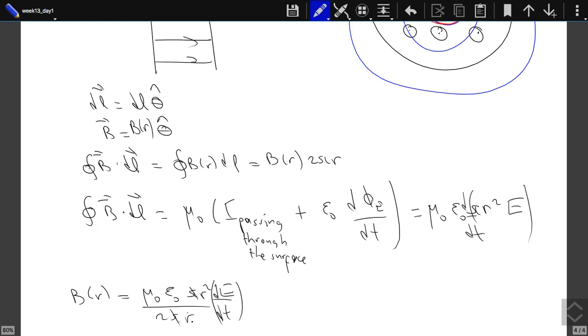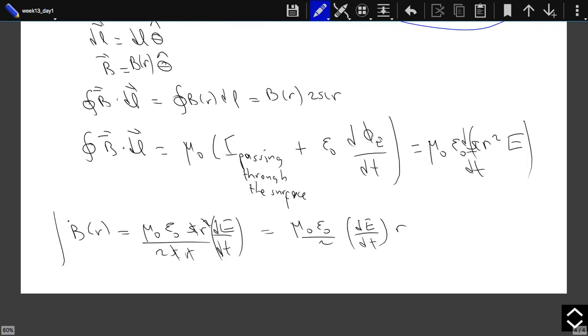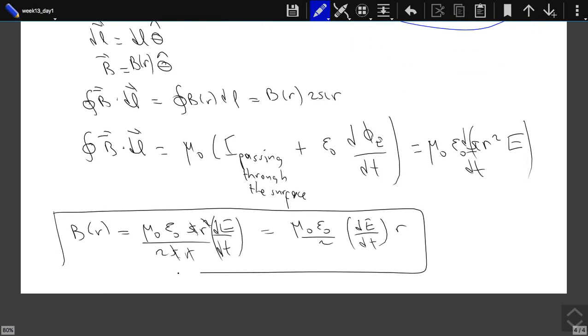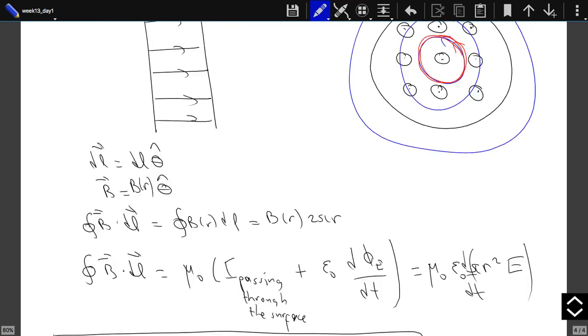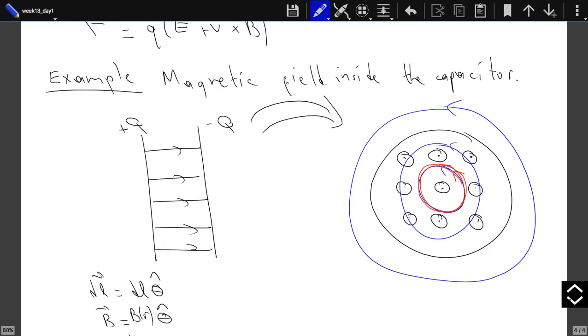We can make some simplifications. This is mu0 epsilon 0 over 2 dE by dt times r. So the magnetic field is increasing as you go away from the center. There is zero magnetic field at the center. As you go away, the magnetic field increases linearly.